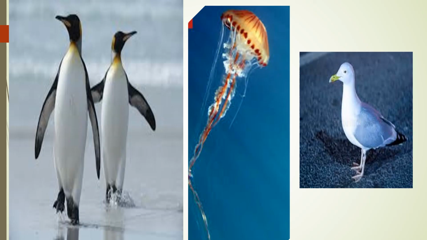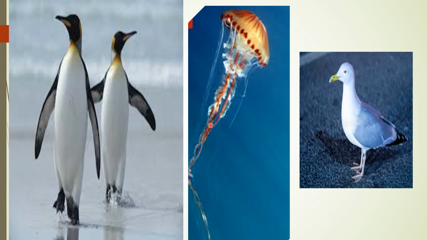And now here we find the penguins. You see, they also have flippers, and then they have feet, so they can walk upright, straight on their feet. Now we have the jellyfish here.